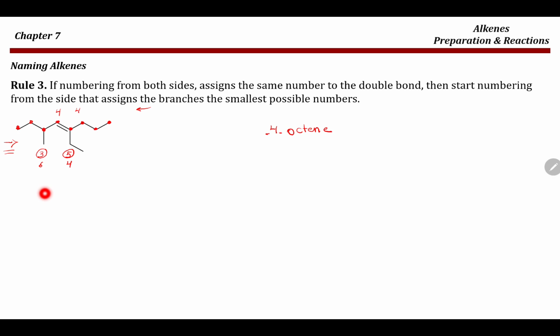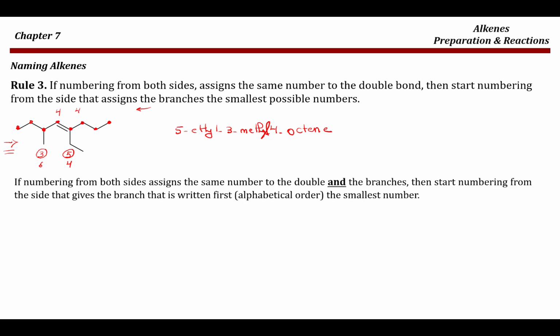So counting from the left side, and again this is 5 ethyl according to alphabetical order, 3 methyl, 4 octene. So always, if you are ending up with the same position for the double bond, start counting from the side which is closer to the first branch, or which gives the branches the smallest possible numbers.